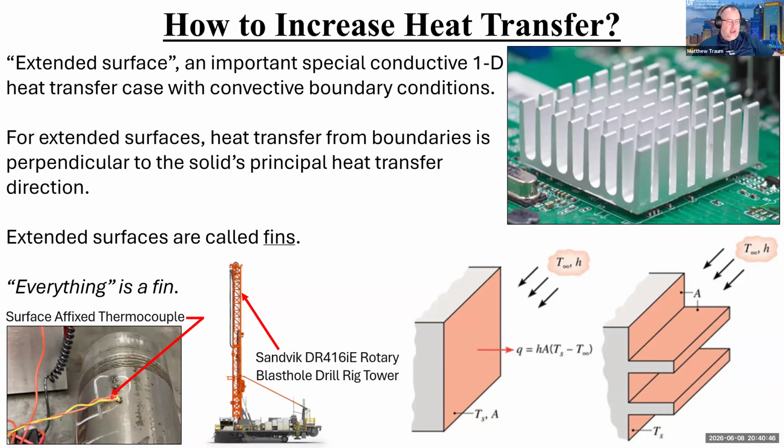They'll convect heat away and end up causing the temperature at this spot to be different than it would otherwise be if those wires weren't there. So this is actually a big problem in surface temperature measurement. People forget that the wires coming off of a welded thermocouple behave like fins and can give you a false temperature measurement.